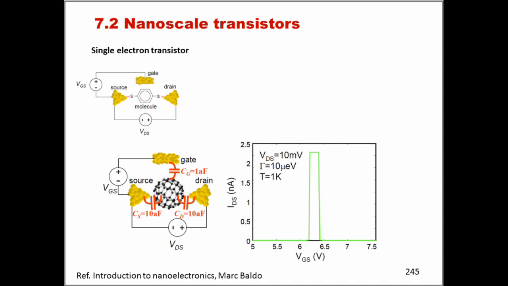So we can imagine, for example, to have this type of transistor here. We have our source, drain, and gate, some tunneling barriers, in this case could be vacuum between the source and the molecule, and the drain and the molecule, and then we have our gate.